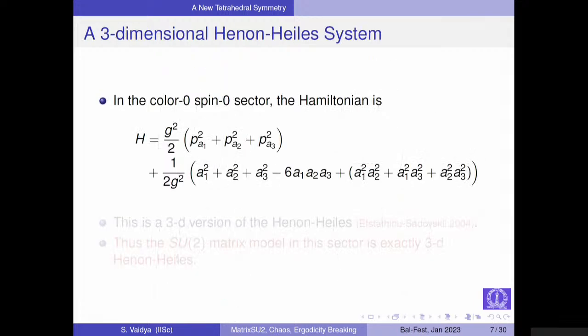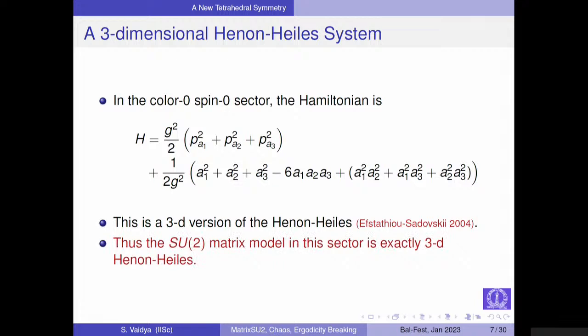Okay. And so if I go back to that Lagrangian, construct the Hamiltonian, then in the spin 0, color 0 sector, this is the form of the Hamiltonian. And about 18 or 20 years ago, these people identified this Hamiltonian, almost exactly this Hamiltonian, as a 3-dimensional generalization of the well-known Henon-Hiles problem.